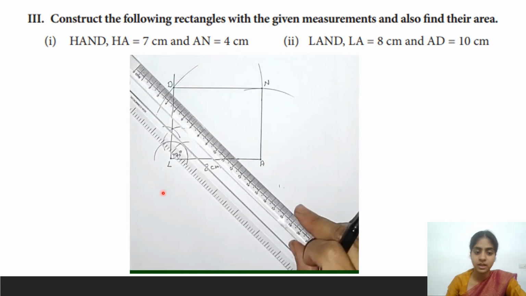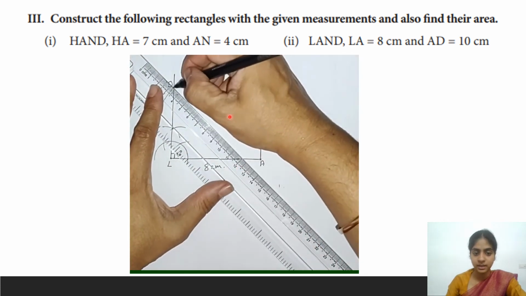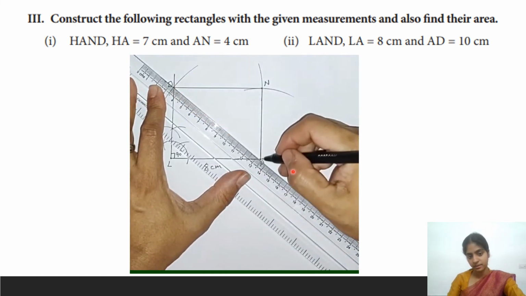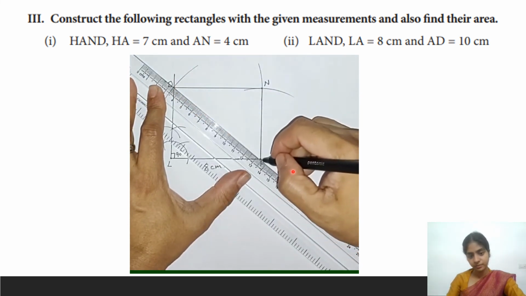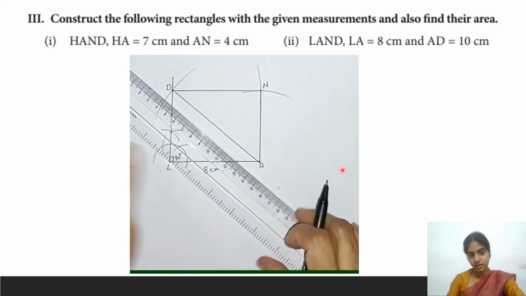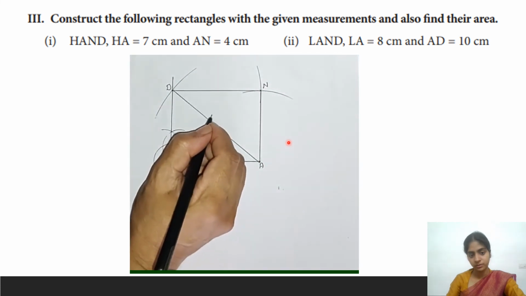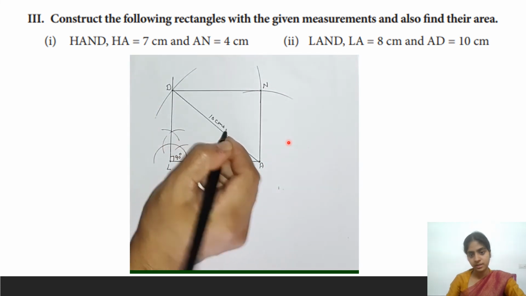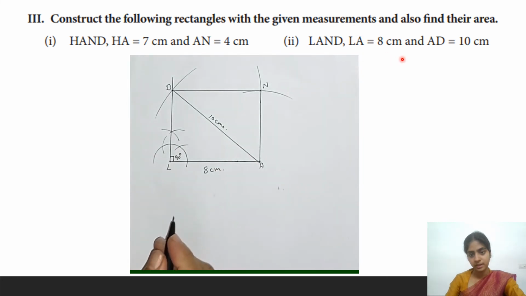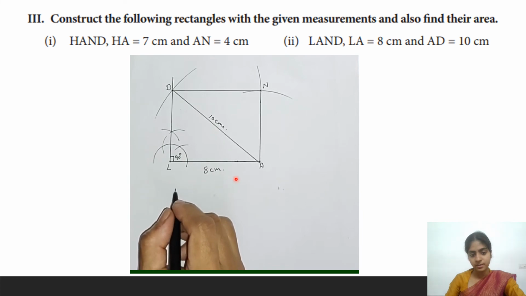We only know LA and the diagonal, which is 10 centimeter. So mark both, which we know. Side is 8 centimeter and diagonal is 10 centimeter.